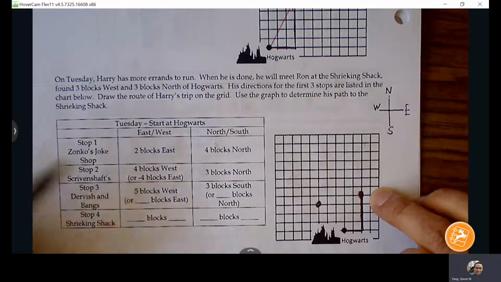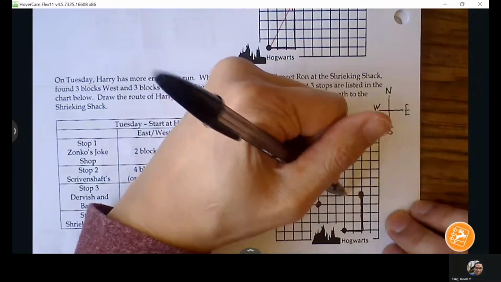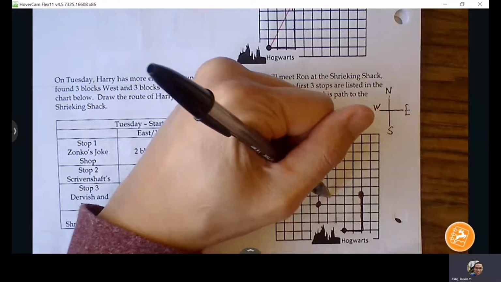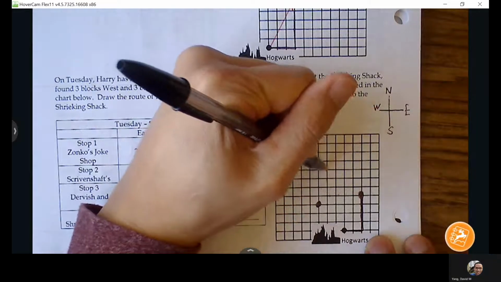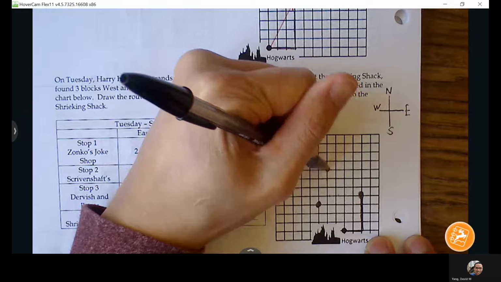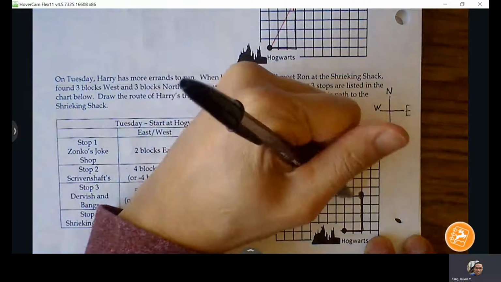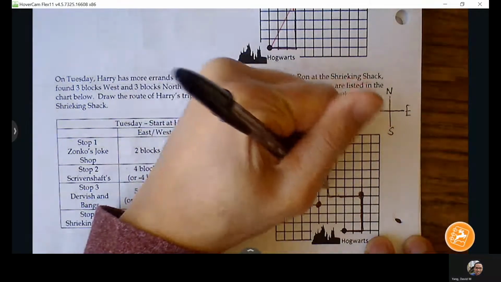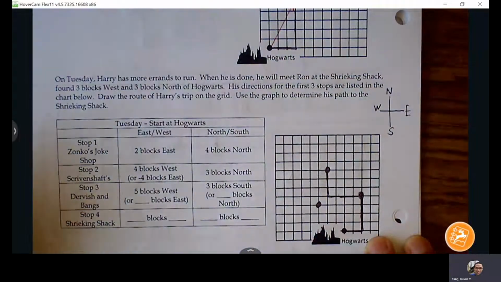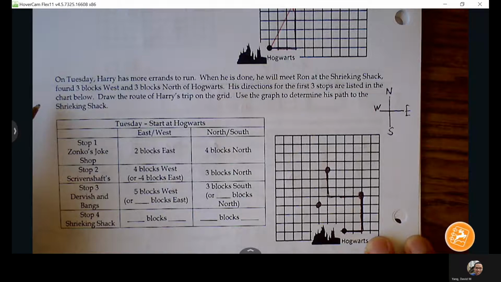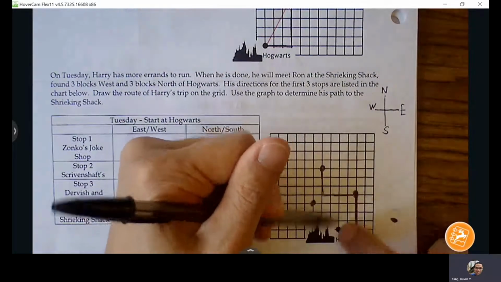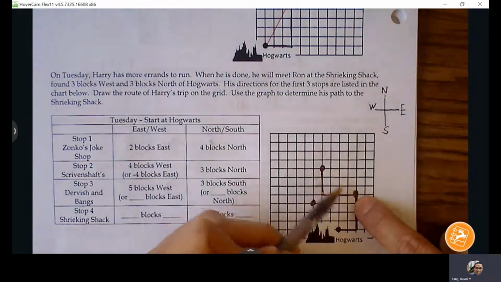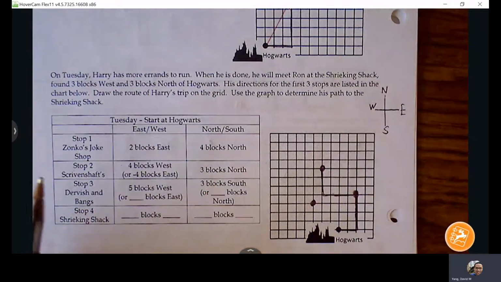Four to the left and 3. Okay, so again, we're going to connect them as if he were able to travel even more efficiently.